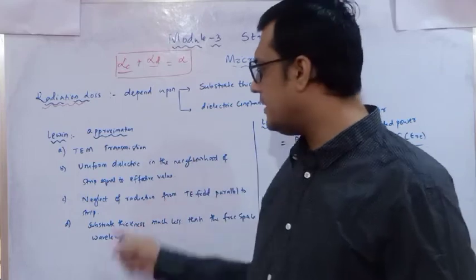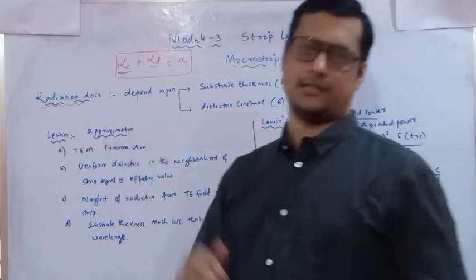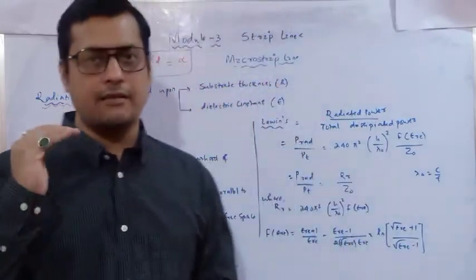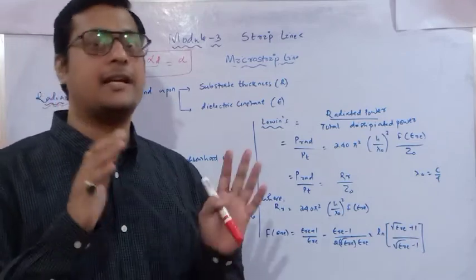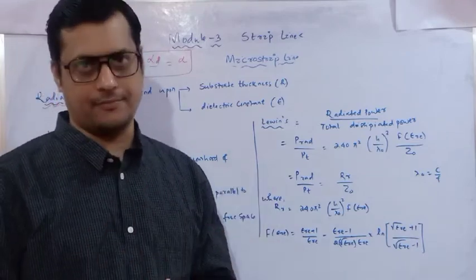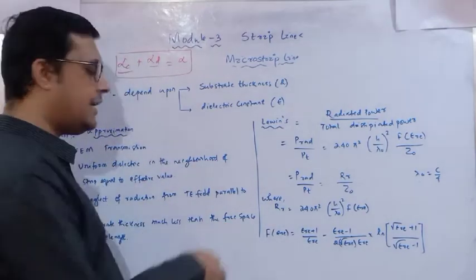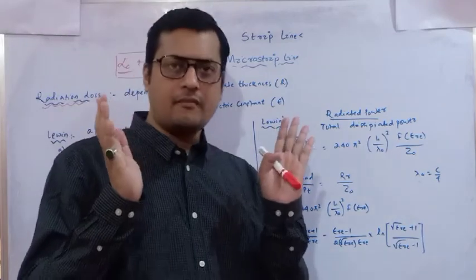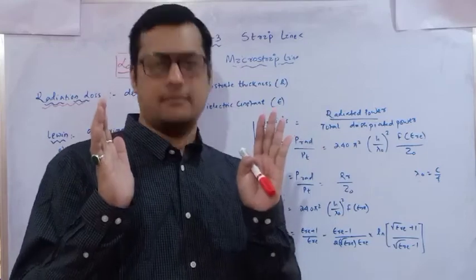Third assumption is neglect of radiation from the TE field parallel to the strip. Whatever transverse electric field is propagating parallel to the strip, we need to neglect it. That means it is neglecting the fringing also. So if we neglect the radiation from the TE field parallel to the strip, the effect of penetration into the dielectric is minimized.